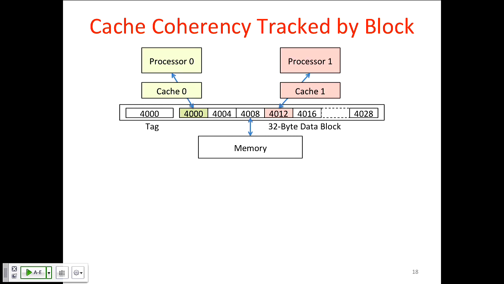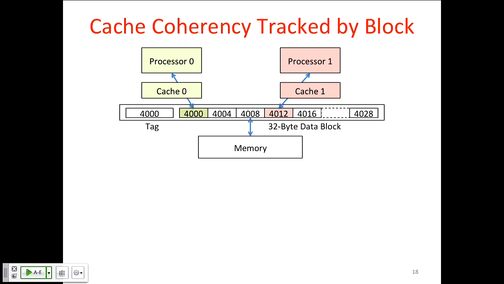Remember that usually you use multi-word cache lines these days, to take advantage of spatial locality and also to save on tag cost, since you have one tag for multiple words of data. On the x86, the Intel processor, 64 bytes is the standard cache line size. So the coherency schemes don't work at the level of individual words, they work at the level of whole cache lines.